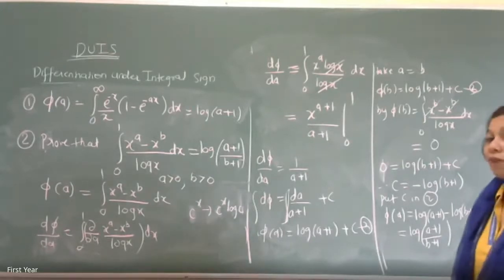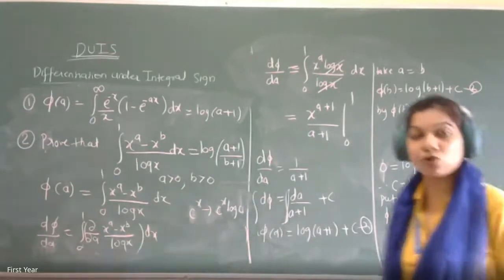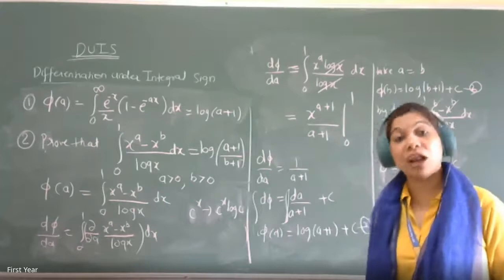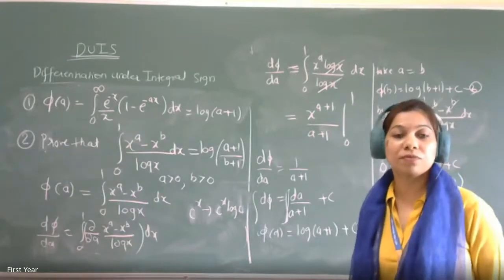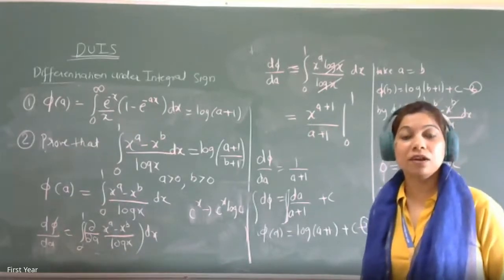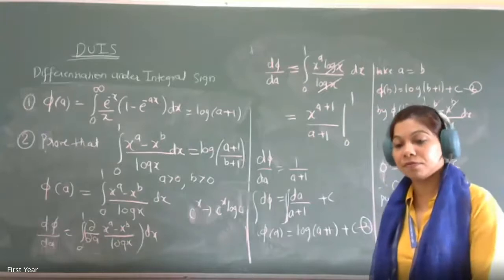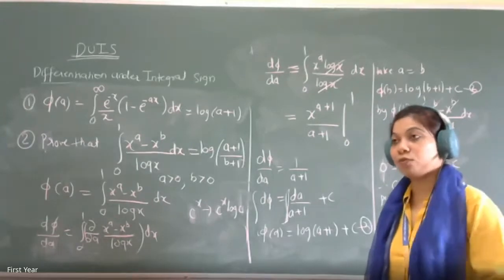Is it applicable? If I want to apply DUIS, then what should happen? There should be a variable and a parameter. So alpha will be there as a parameter and x will be your integration variable. So you should say immediately we use DUIS. Okay? Yes or no? Yes, ma'am. Okay, fine.